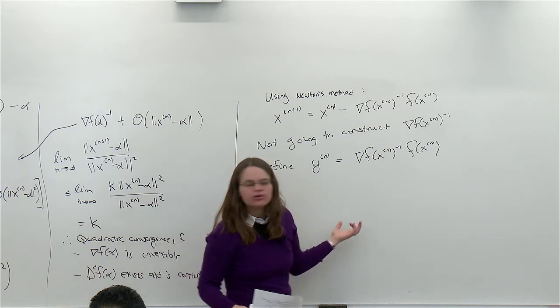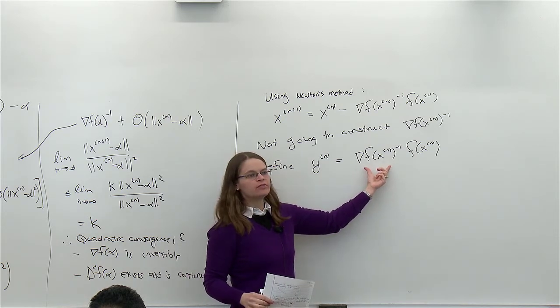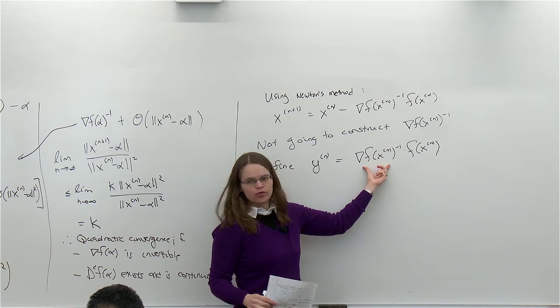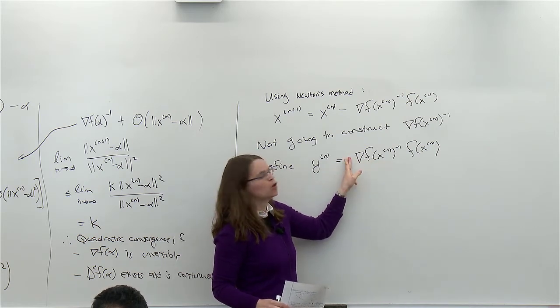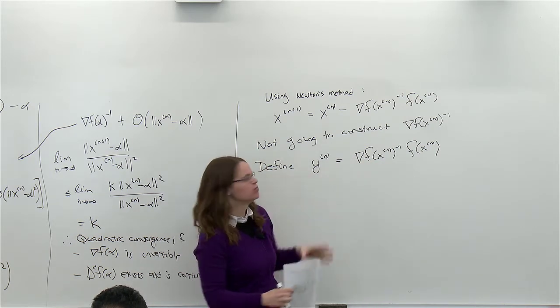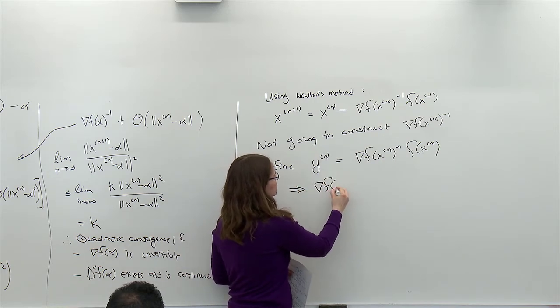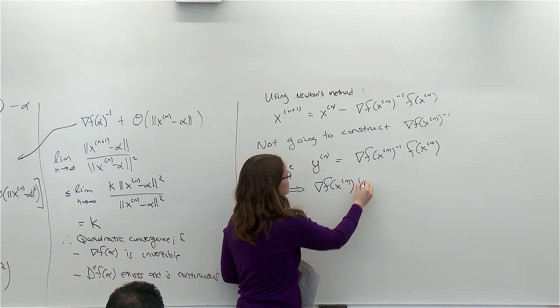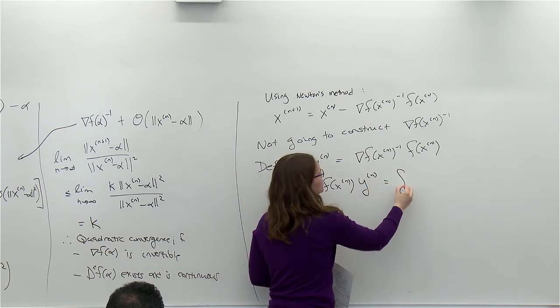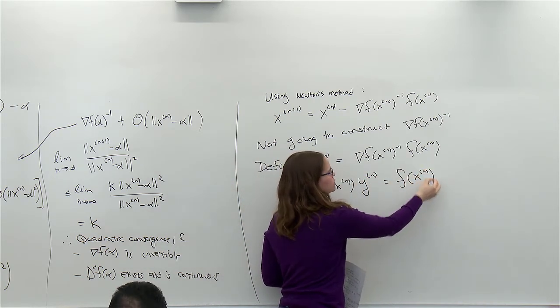Now, the first thing I want to do is get rid of this inverse matrix, so the way to do that is to left multiply by the Jacobian on both sides. So this is the same as saying the Jacobian of f times y is equal to f.